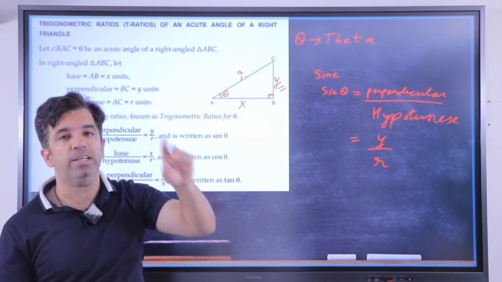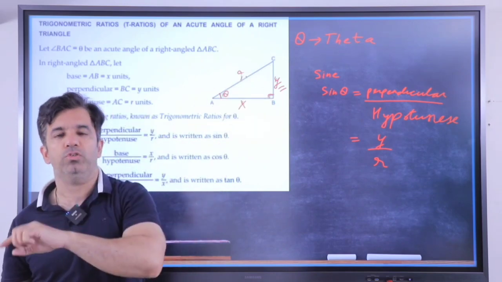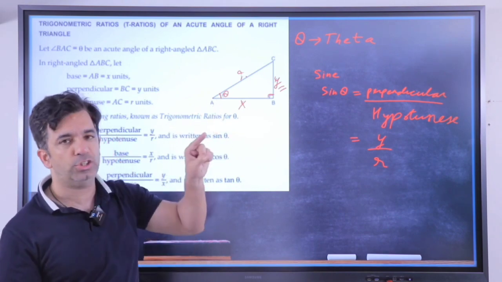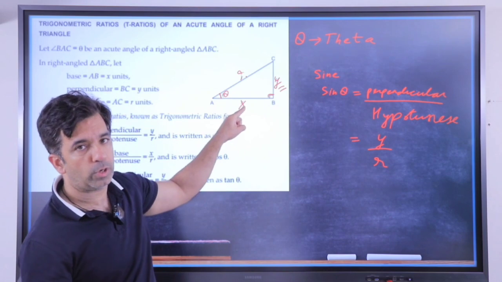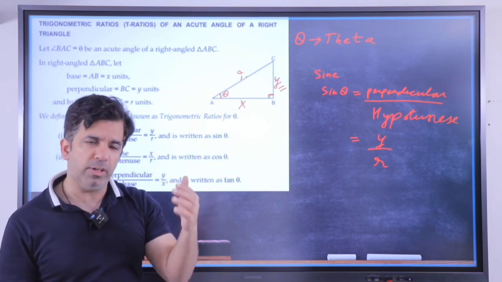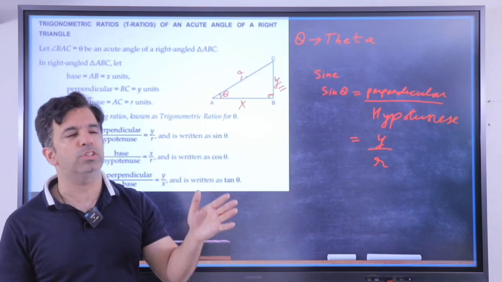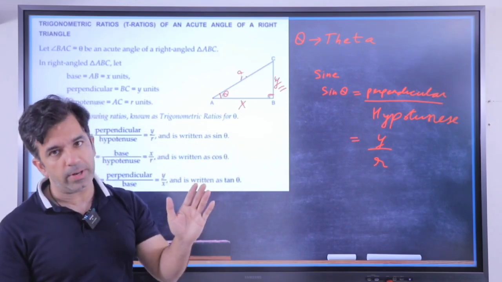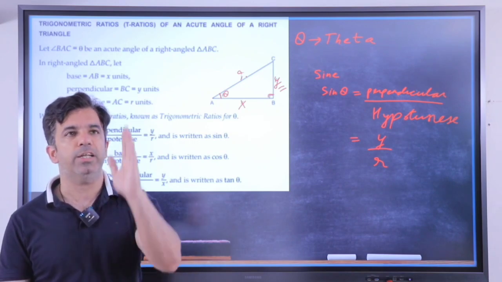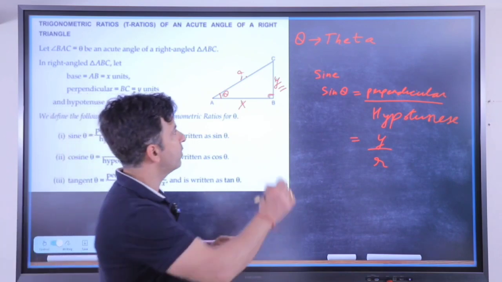Sin theta, the sine of this angle, is a ratio which is perpendicular upon hypotenuse. Why we are doing it and how we use it, we will come to know in many questions ahead. But the first requirement is that we know sin theta is perpendicular upon hypotenuse.